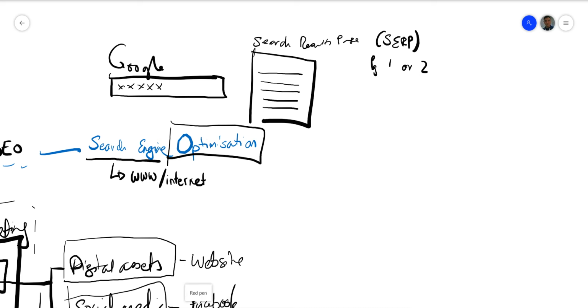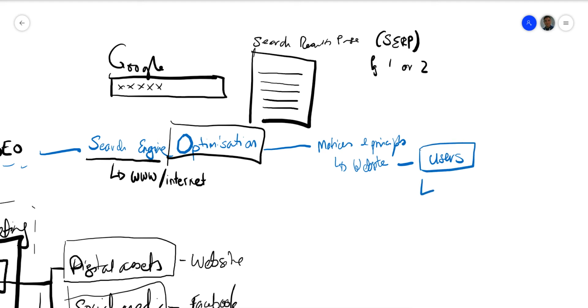Okay, but what is search engine optimization? To answer that question in the most basic, the most simplistic sense, it is metrics and principles that websites need to adhere to, which helps users, people using the internet, find relevant content.